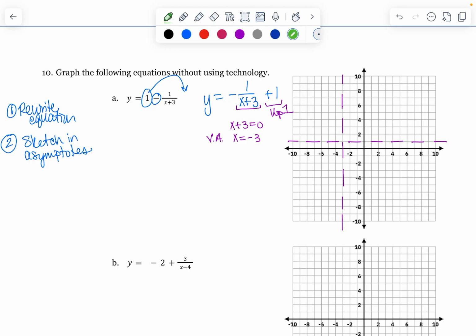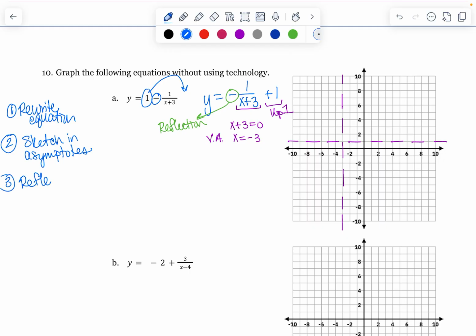And then I also noticed that there's a negative, which means there is a reflection. So that is helping me visualize what's happening. My graph will end up over here somewhere and over here somewhere. I don't want this to be my graph. I'm just kind of visualizing it in my head. I want actual points. So for step 3, let's add that into our list.